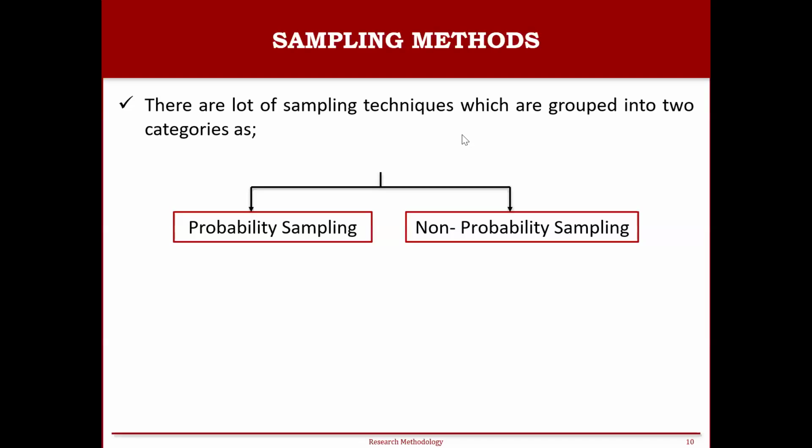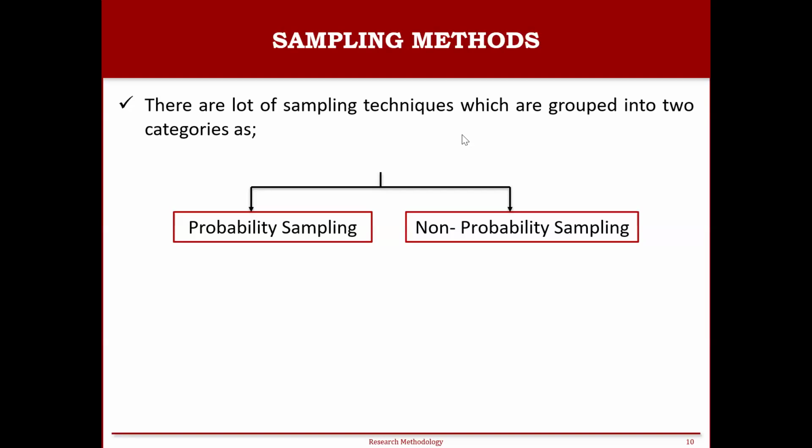Probability sampling is often used when the researcher wants to make sure that their sample is accurate enough to represent the large population. They always try to use probability sampling instead of non-probability sampling.